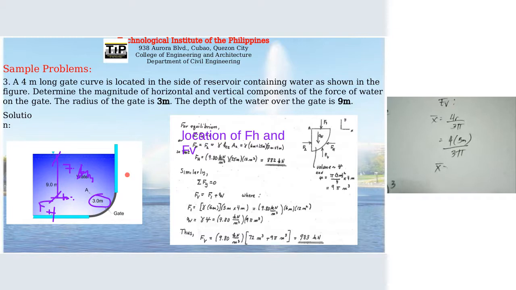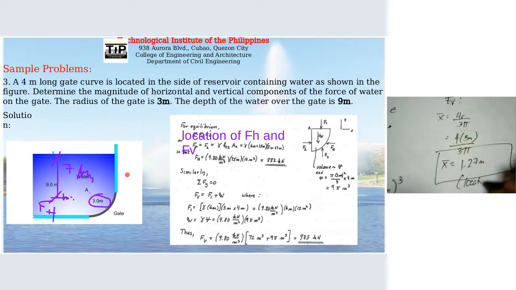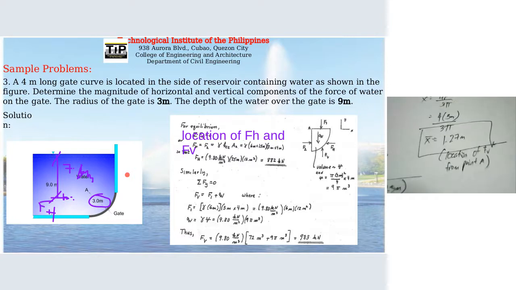So the location of F sub B relative to A is 1.27 meter. Any questions?